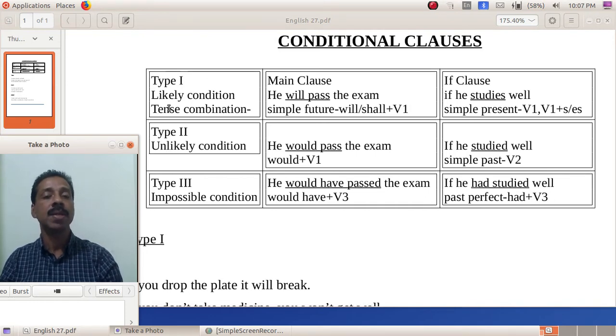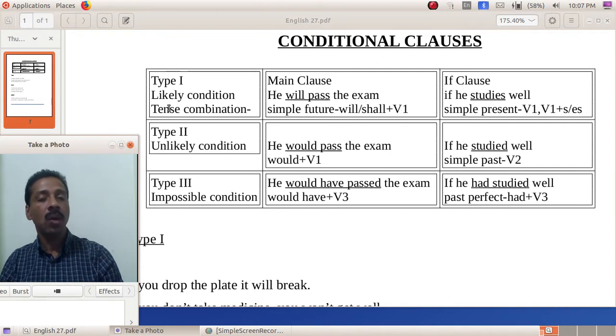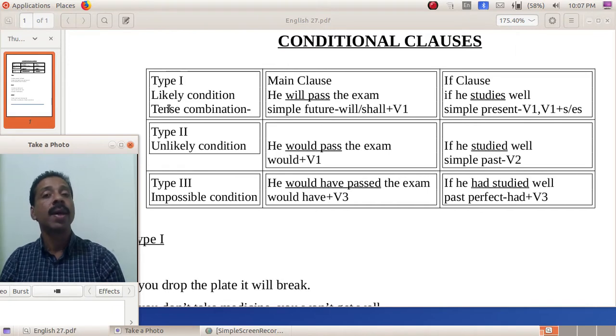Likely condition means something that is really possible to happen. But there also, for the fulfillment of the action mentioned, there is another action mentioned as a condition.